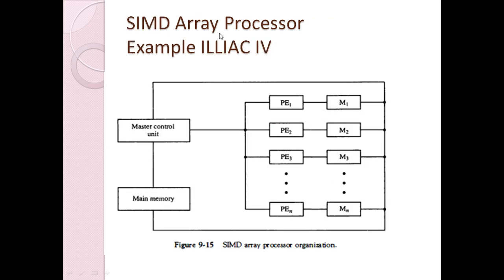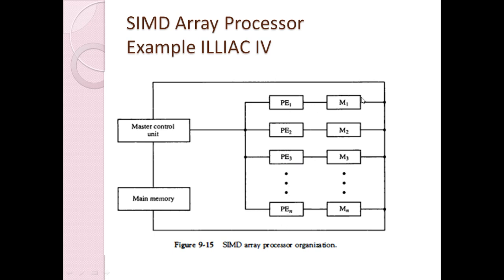Here we see the SIMD single instruction multiple data array processor. ILLIAC IV is an example of this. Here is only one control unit and its main memory. And there are many processing units. So processing element 1, processing element 2, processing element 3 up to n processing elements.